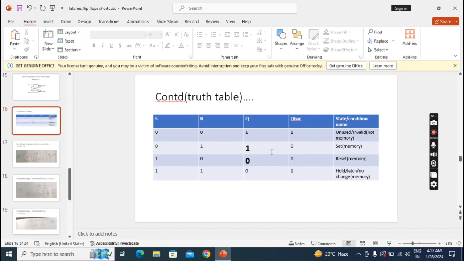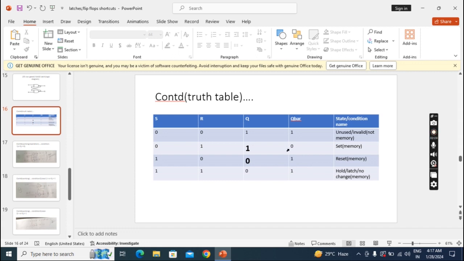Okay. So this condition we treat as set. These three conditions are called valid conditions because both outputs are complementary. See here, these three satisfy the condition of complementary. So these three we consider as valid conditions and memory conditions.